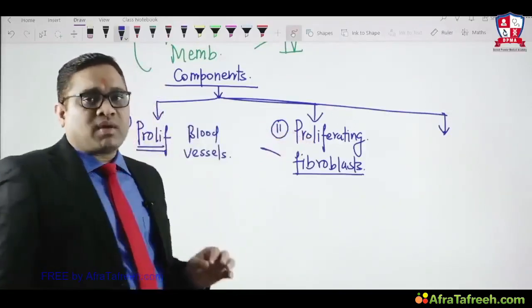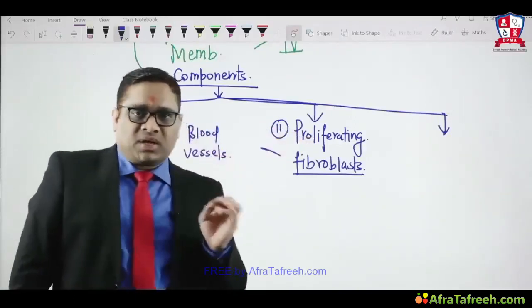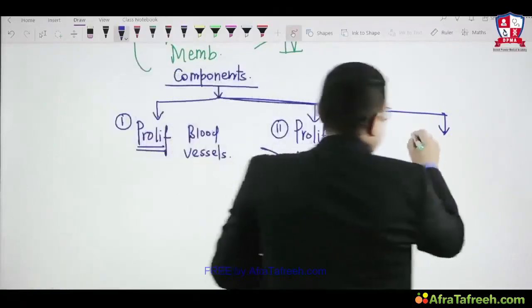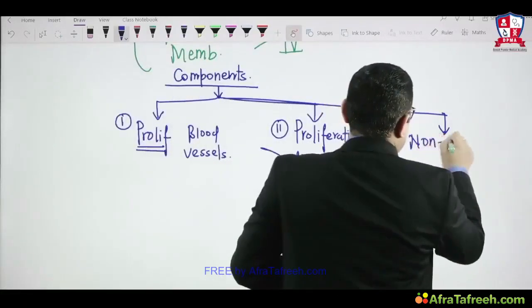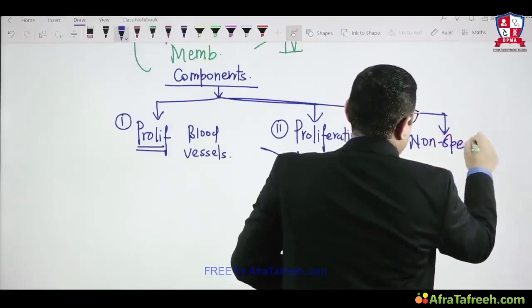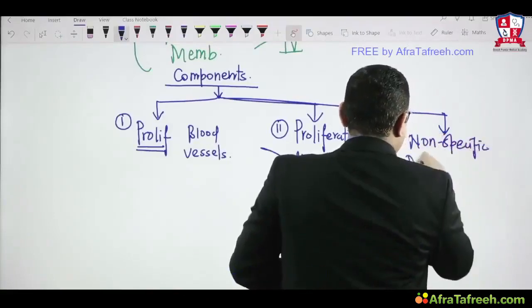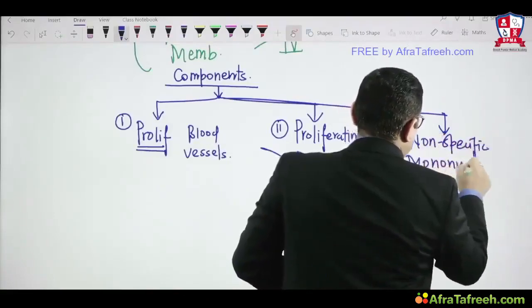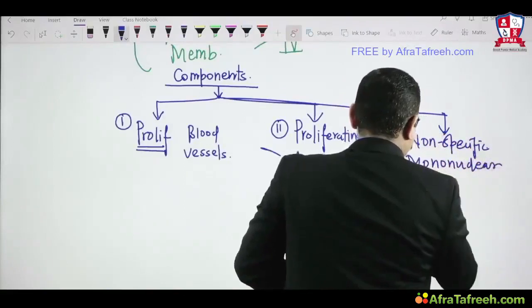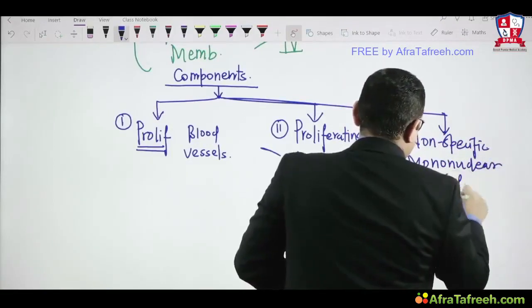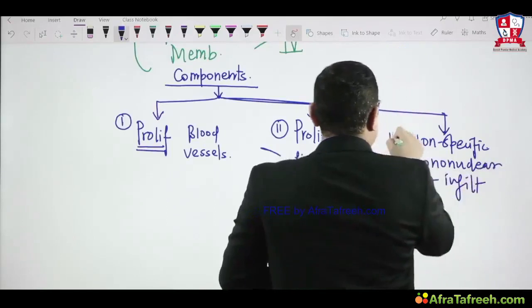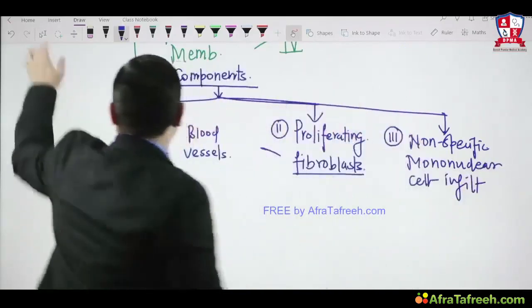So what kind of inflammation will you see? Non-specific mononuclear inflammation, a mononuclear cell infiltrate, right? So these are the characteristic triad of the granulation tissue.